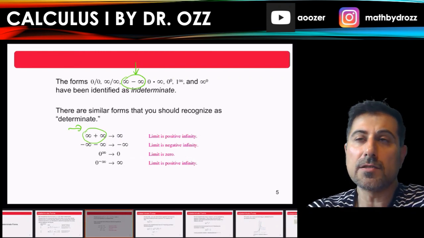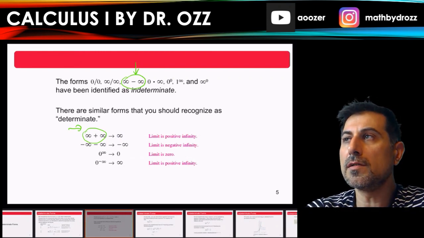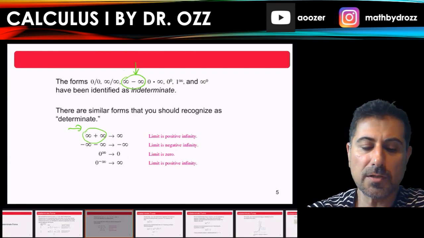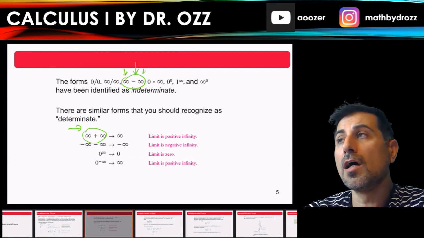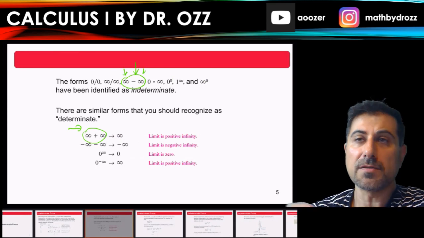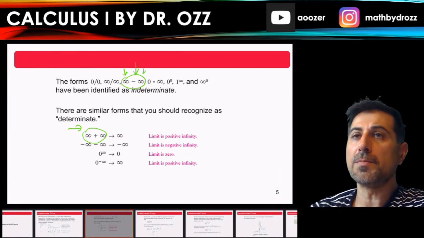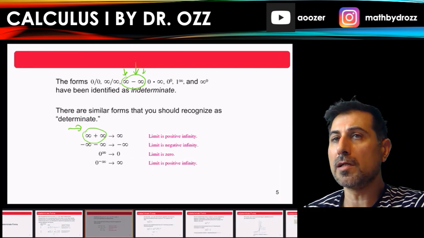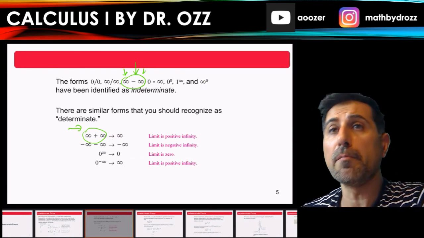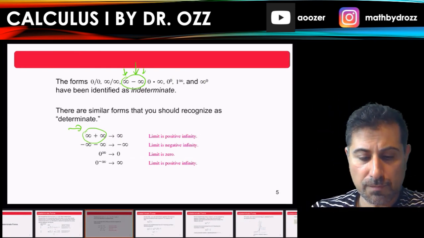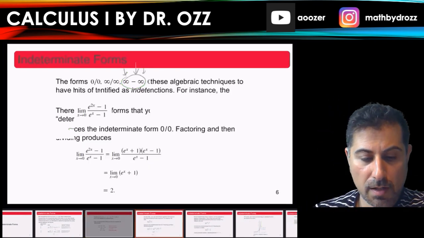But most likely it's indeterminate because the infinity concept for each term could be totally different. But infinity plus infinity for sure, adding a big number to another big number is going to be a big number. Okay, so let's move on.